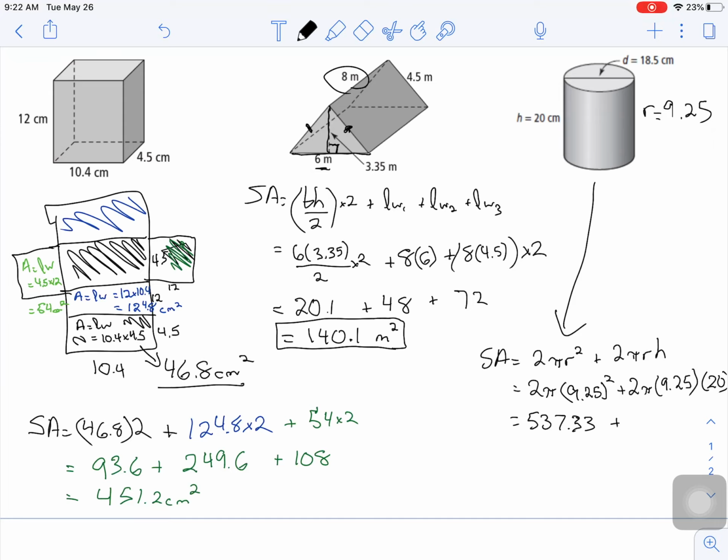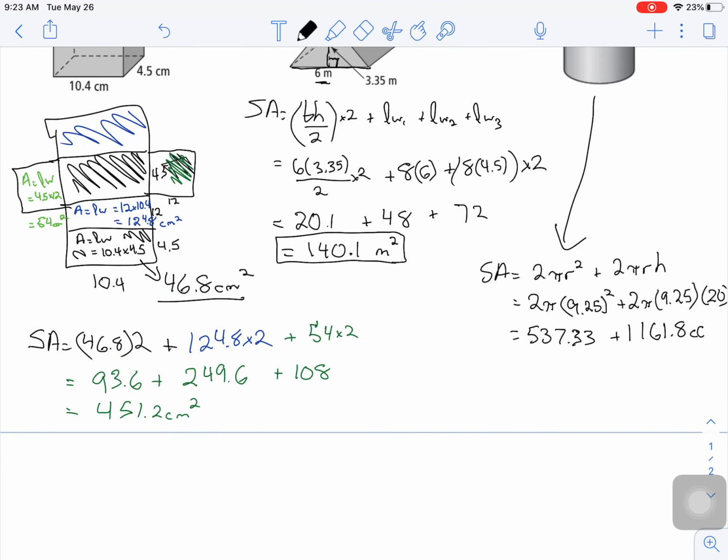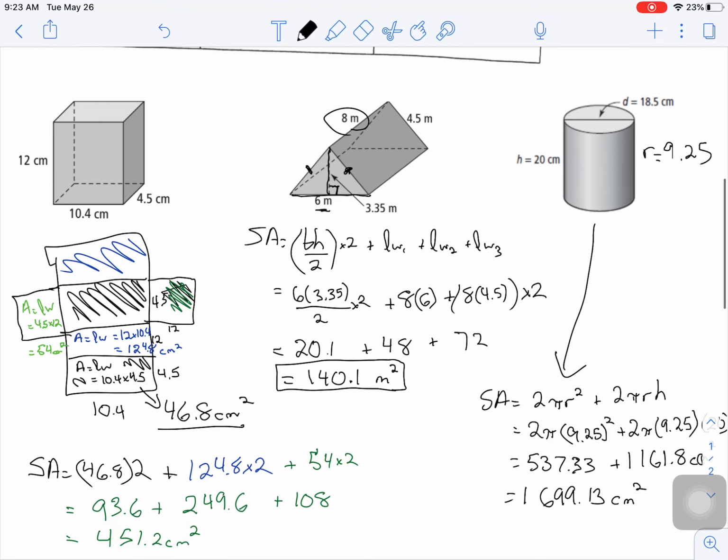So then the body is 1,161.8 centimeters squared. So just add these two together. Is 1,699.13 centimeters squared. And that's how we could do surface area.